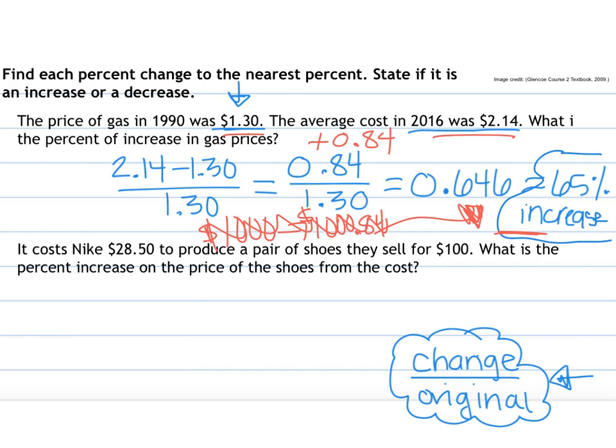Nike, it costs Nike $28.50 to produce a pair of shoes that they sell for $100. What is the percent increase on the price of the shoes from the cost? They start with $28.50 and it goes up to $100. So we're going to subtract.